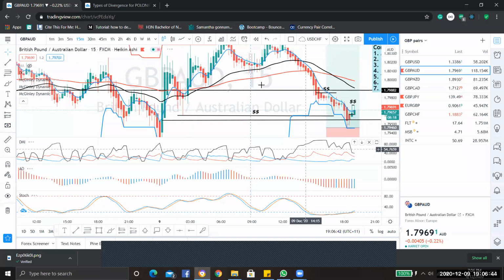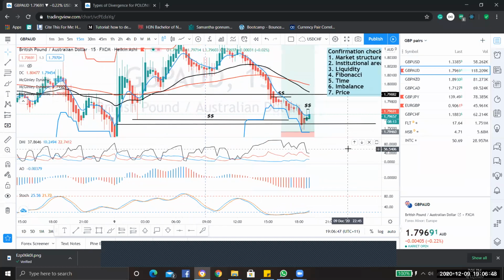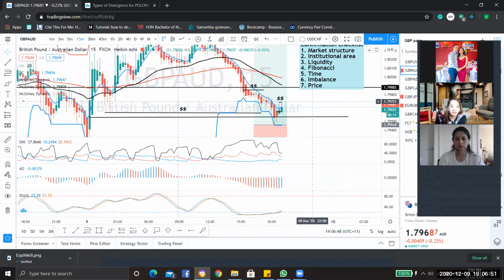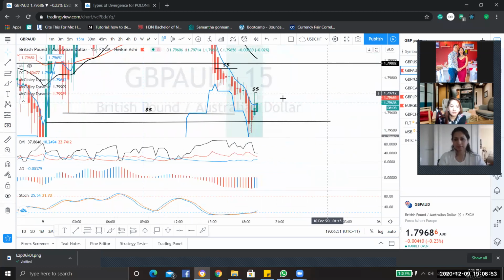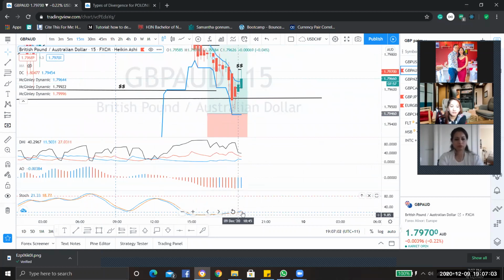So scanner source in 15 minutes. According to the scanner source, we have our confirmation candle, but our DMI is not in control. We have the awesome oscillator down, starts nicely.